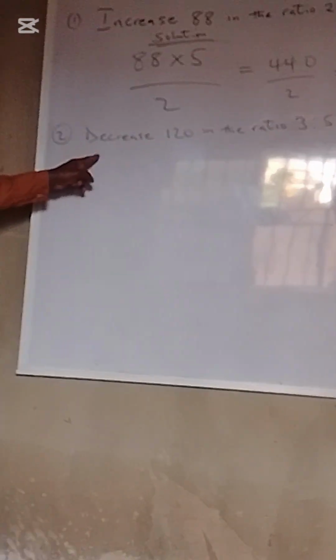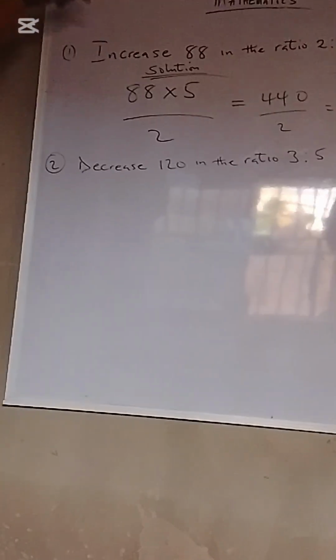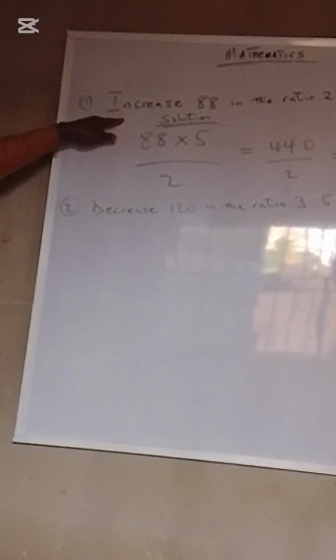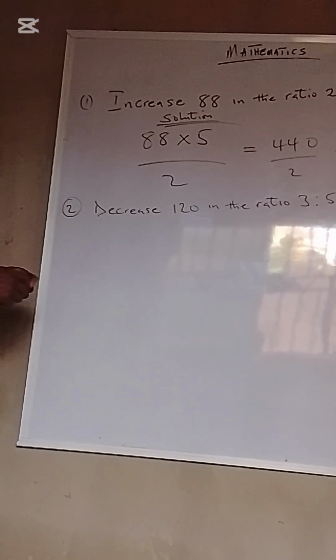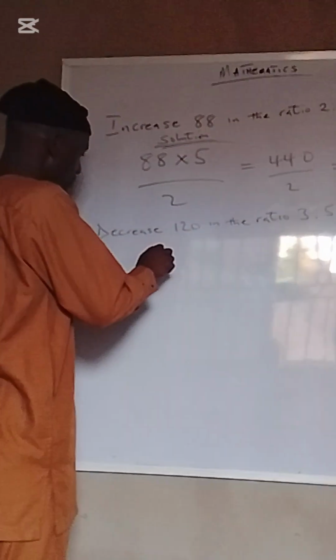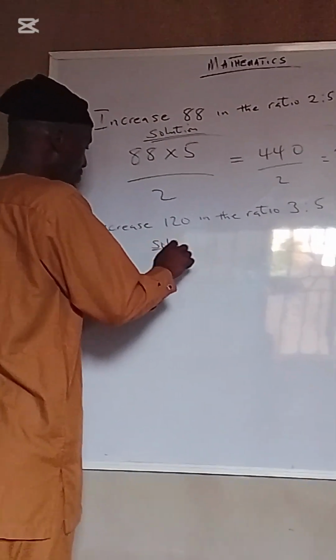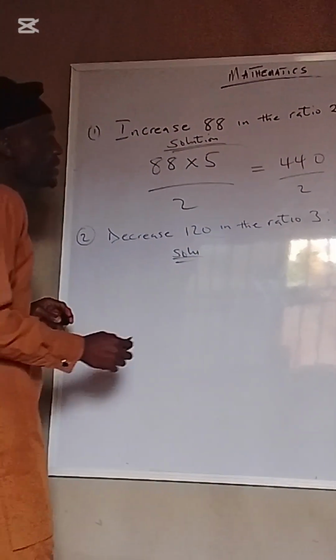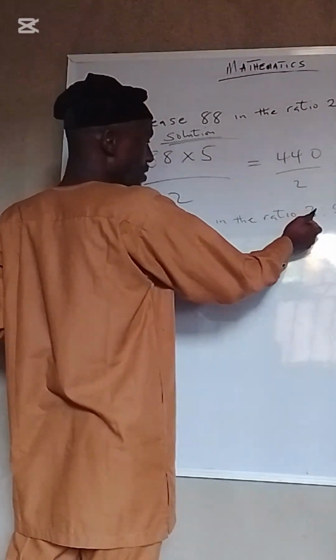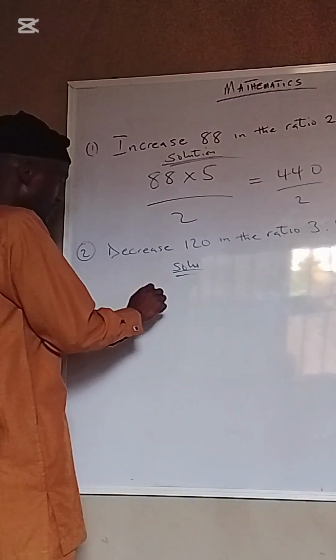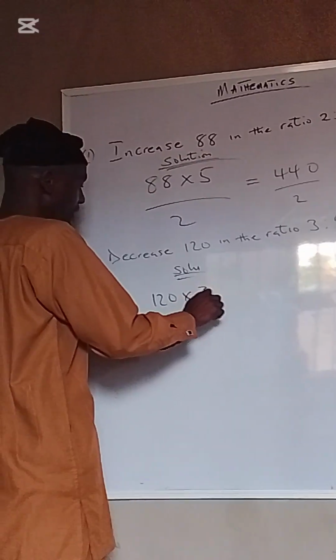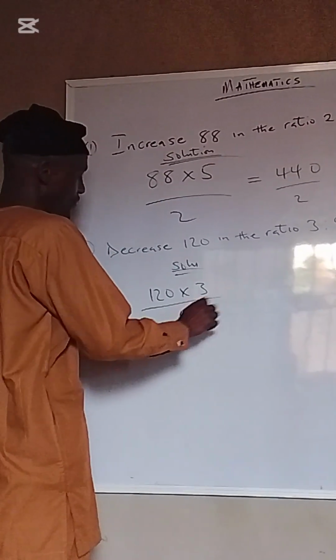Don't confuse yourself. This one is decrease. The other question that we solved was increase. So anytime you are saying decrease, as I've said, that will now be your solution. We are making use of the smallest ratio as the numerator. That will be 120 multiplied by 3 divided by 5.